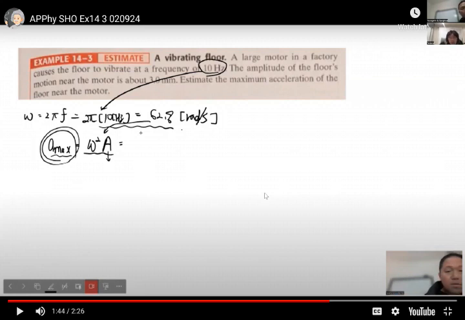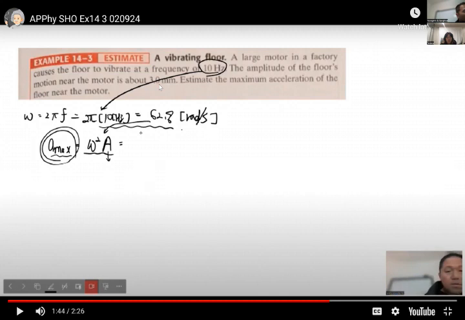Do I plug in 3.0 for A? A right there is the 3 millimeter. So 3 times 10 to the minus 3 should be the maximum amplitude. I got 355. 355?